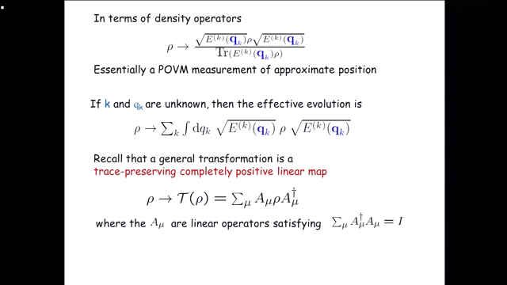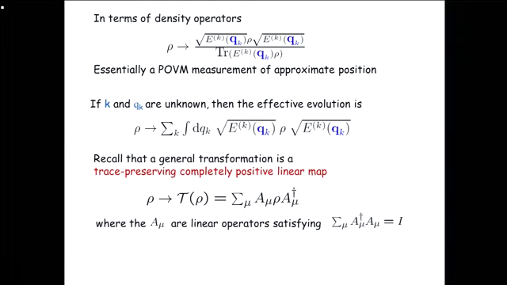And so it's an example of one of these, which means that we can now see that because these maps were convex linear, if I have a mixture of inputs, I get the corresponding mixture of the outputs. They took positive operators to positive operators. They were trace preserving, so they took normalized operators to normalized operators.